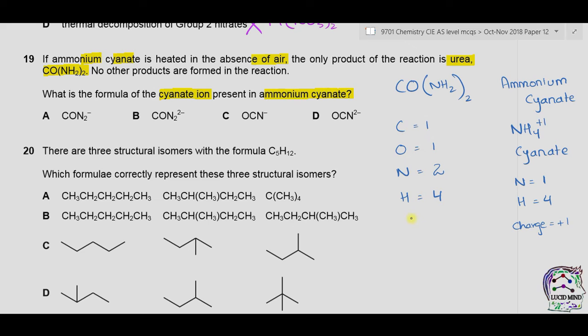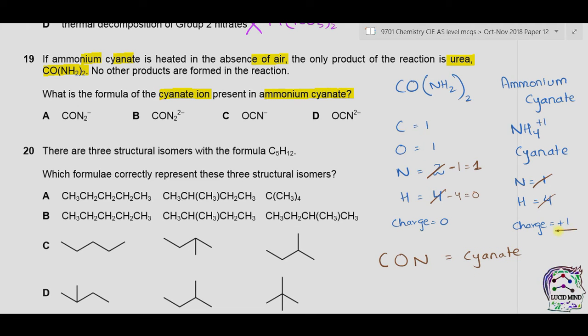There is no charge on this compound. As the number of atoms in both reactant and product is same, so we have 2 nitrogen and 1 nitrogen is left. We had 4 hydrogens formed, so 0 hydrogen is left. We have 1 carbon left and 1 oxygen. So we have carbon, oxygen, nitrogen. These 3 are left behind. Now this could be the formula of cyanate.